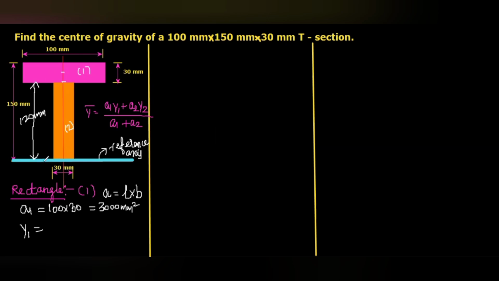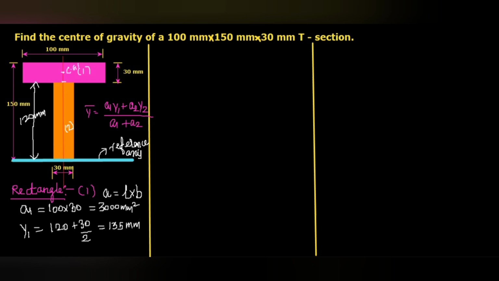So from the reference axis to this point is 120, and the center of gravity of the first rectangle will be here, L by 2 and B by 2. So up to this 120 plus 30 divided by 2, it will be 15. So we will get 135 mm.